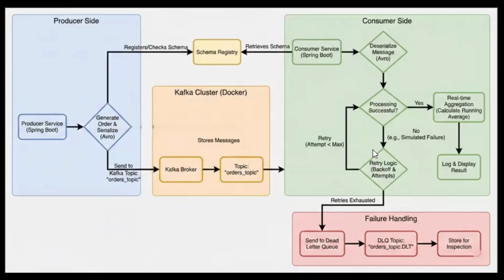Instead, the message is routed down here to the failure handling section. The toxic message is published to a separate dead letter queue topic. This ensures that bad data is isolated for later inspection without blocking the main processing pipeline.